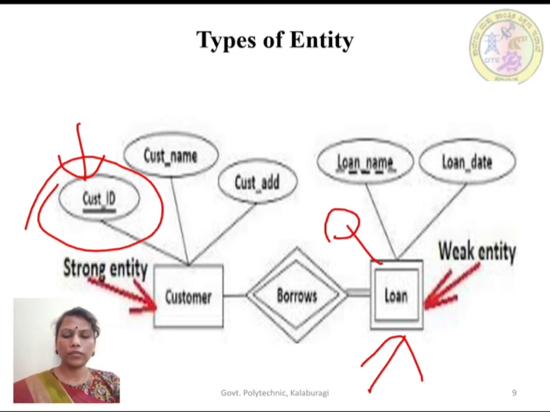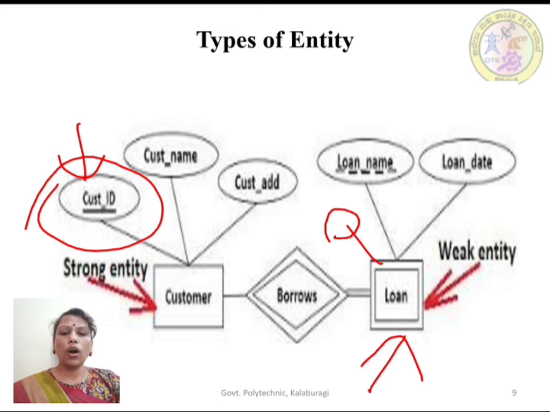Okay, are you getting it? That's why this loan is completely dependent on the customer. Only if there is a customer will there be a loan; if there is no customer, there is no loan. So this loan entity is completely dependent on the customer entity. That's why here the loan entity type is called the weak entity.